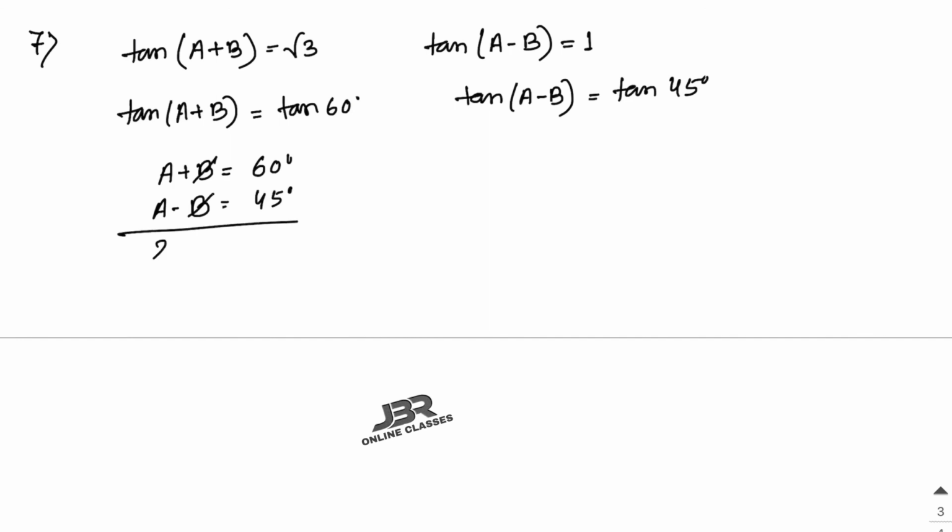So B cancels out, 2A equal to 105 degree. That means A equal to half of 105, so it's 52 whole 1 by 2 degree.